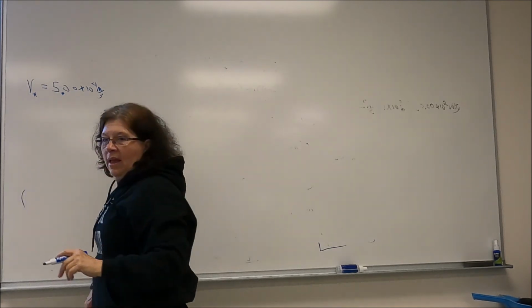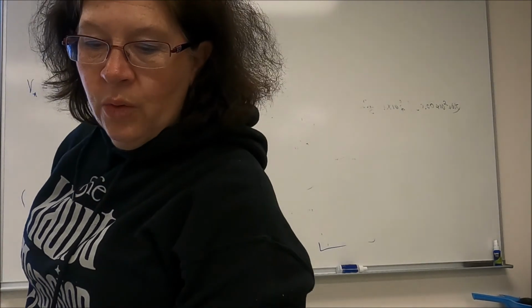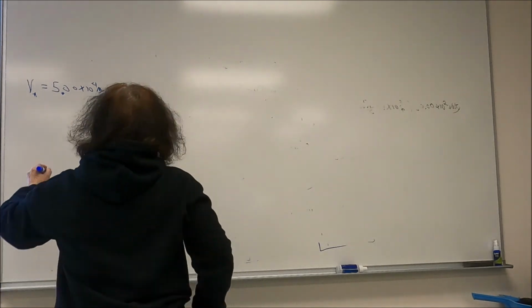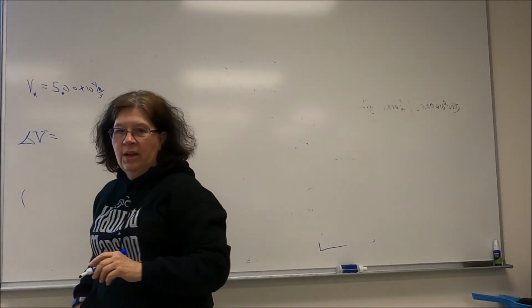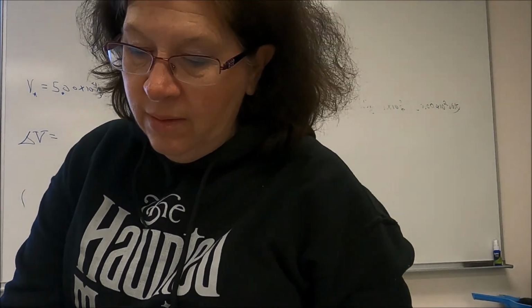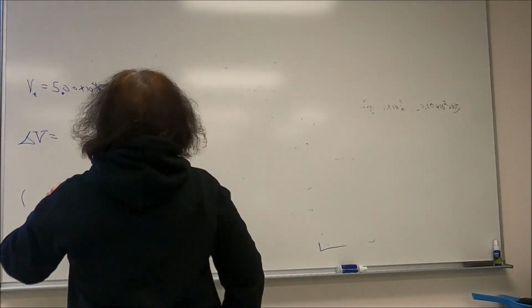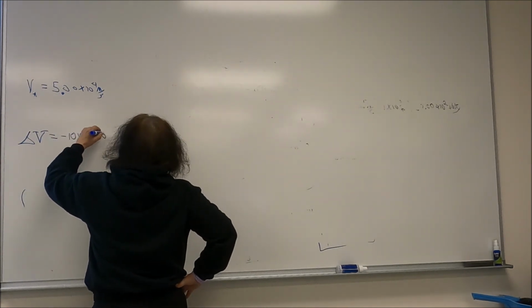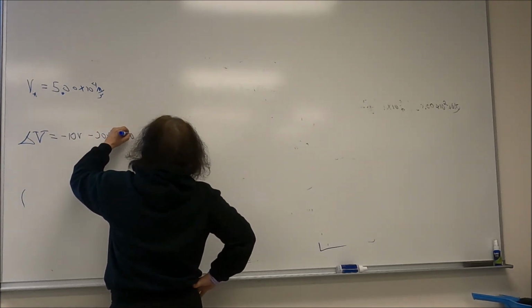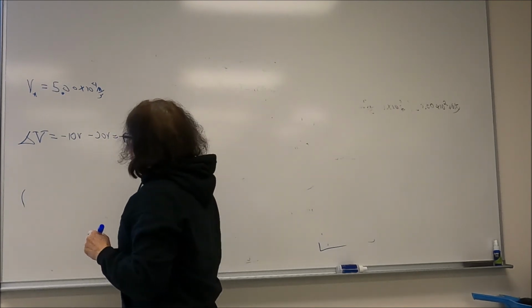Now, it moves from a point A to a point B. Our change in electrical potential is minus 10 minus 30 volts, so a minus 40 volts.